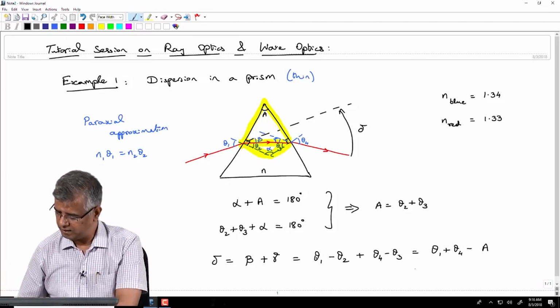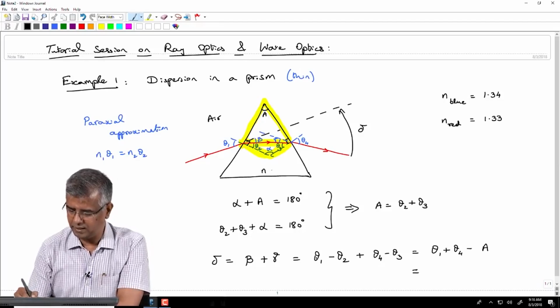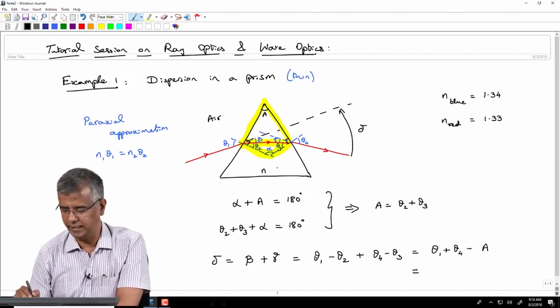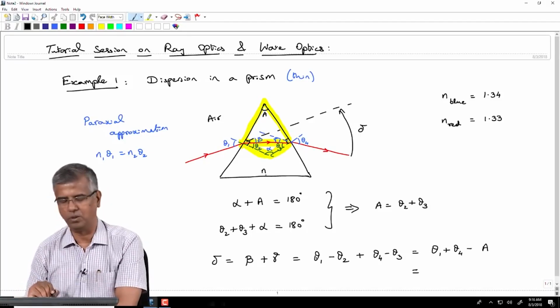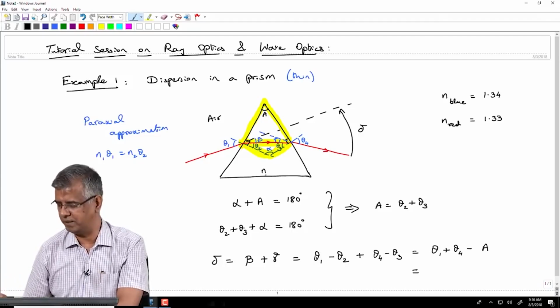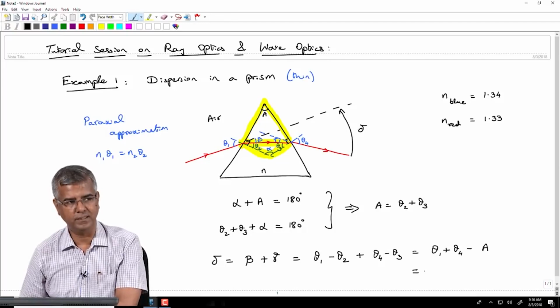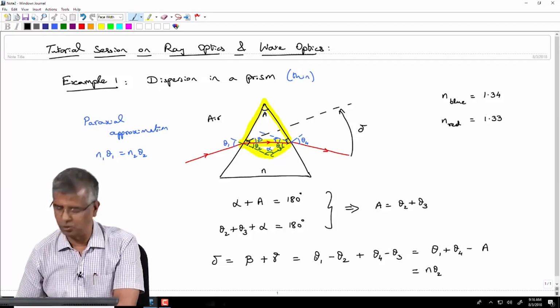So now we can apply Snell's law at the interface. So I can write theta 1 as what? Let us say we are going from air to a medium, in this case water, with the refractive index n. So the corresponding theta 1 can be written as n times theta 2.